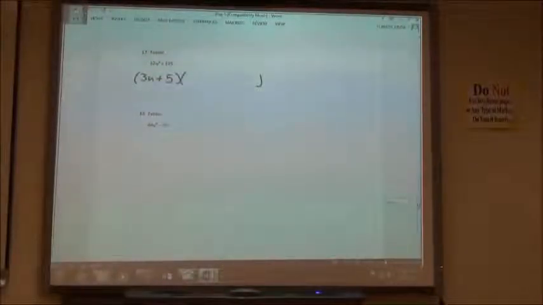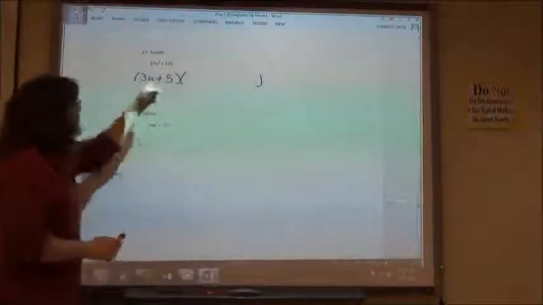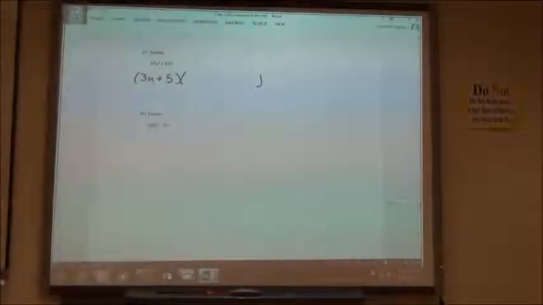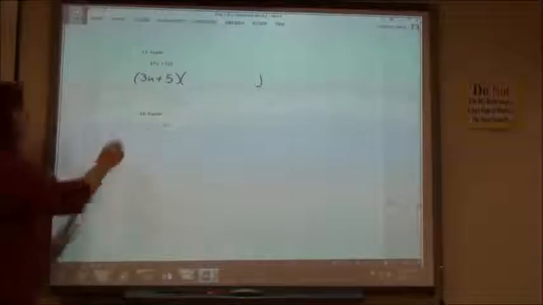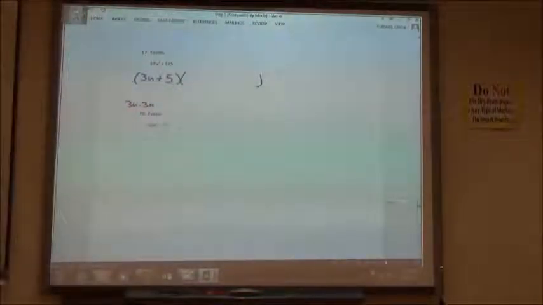Now we're going to do our first and our last ones. We're going to square each of these things. So if I square 3u, what would I get? 3u times the second 3u. That's what I do by squaring it, right? Would be 9u squared.